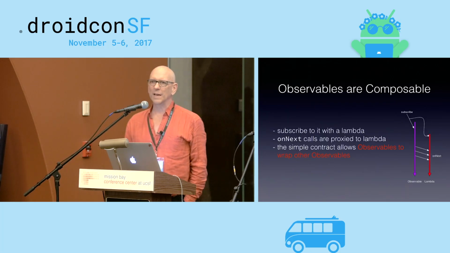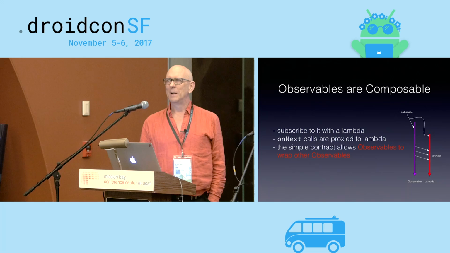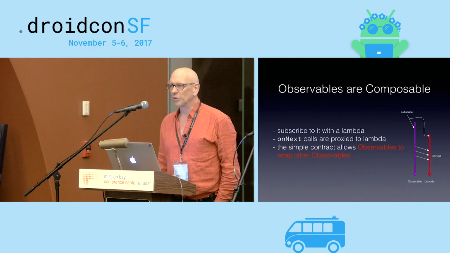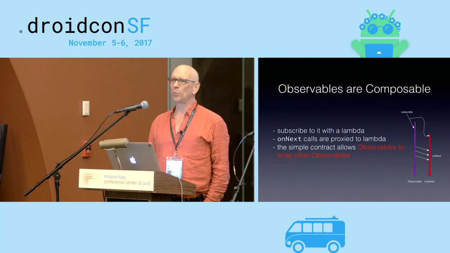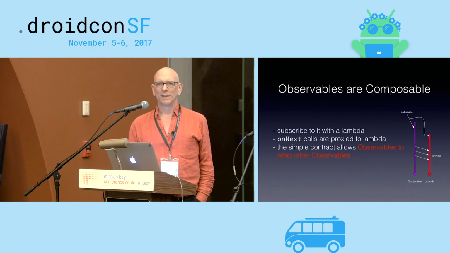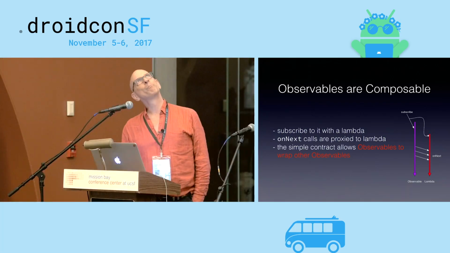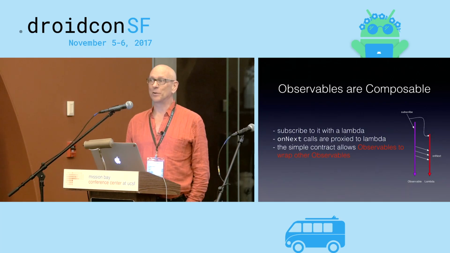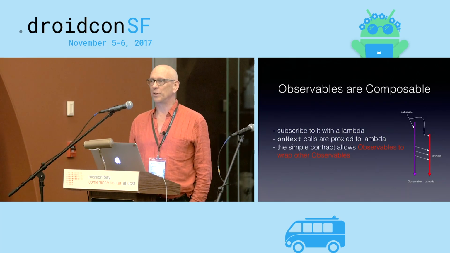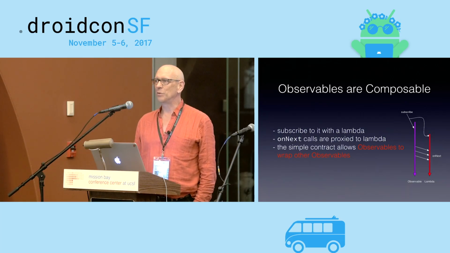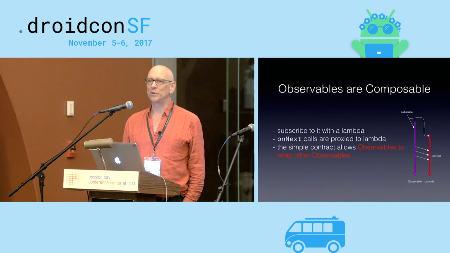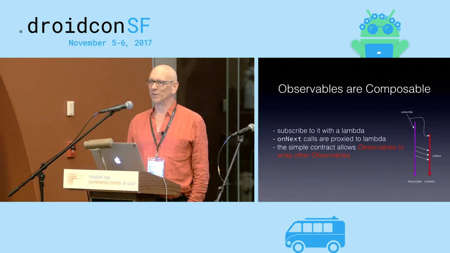The second is sort of a meta thing that I want to stick in here: the way that we're going to fix this is that observables are composable. This is one of the coolest things about Rx. I can take an observable and subscribe something to it, which is both an observer and an observable, and then you can subscribe to the new observable, and you don't know that you didn't subscribe to the original observable.